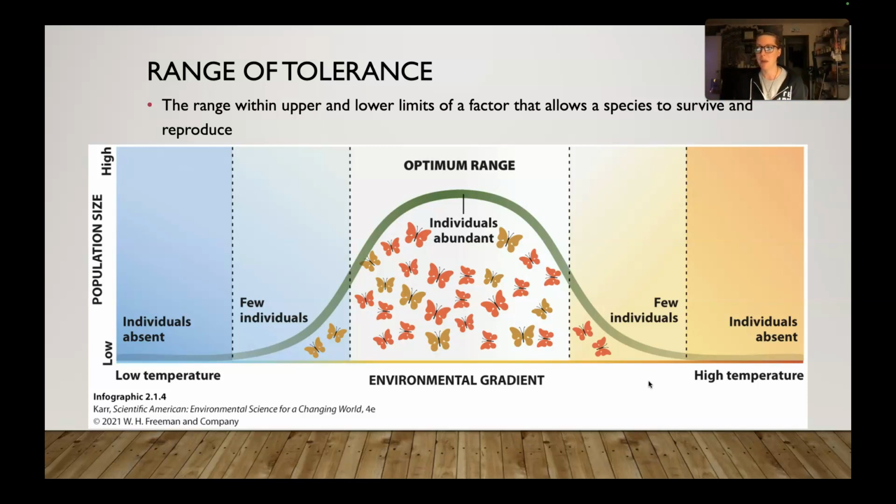And populations with a wide range of tolerance will likely be able to adapt to a changing environment better than populations with a very small range of tolerance. The range also will vary during a life cycle. For example, when you were a little fetus in your mama, you had a different range of tolerance, right?